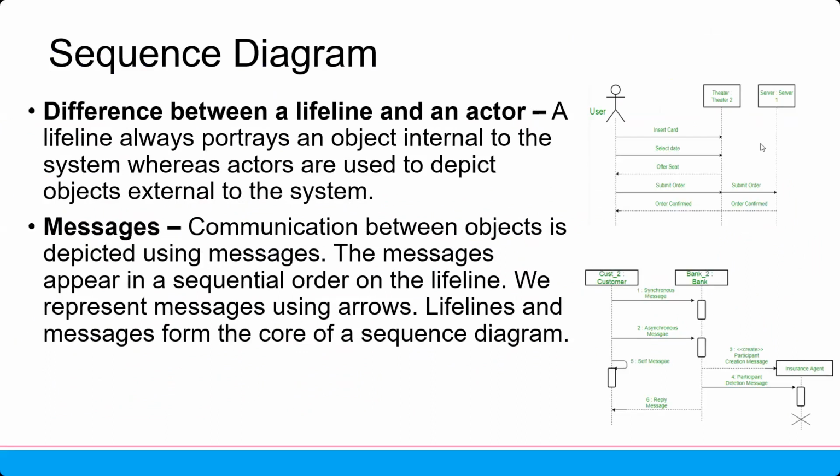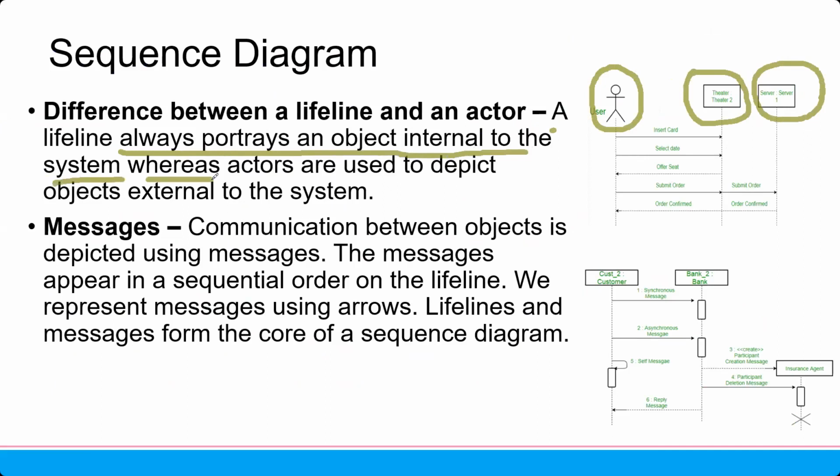So this is an example of the sequence diagram. Now if you see this one, we have an actor, which is the user, and we have a lifeline. A lifeline always portrays an object internal to the system, whereas actors are used to depict the objects external to the system.